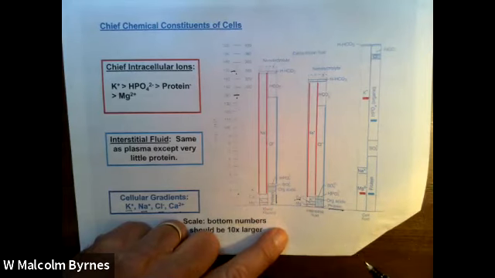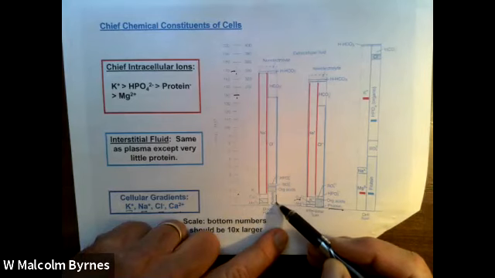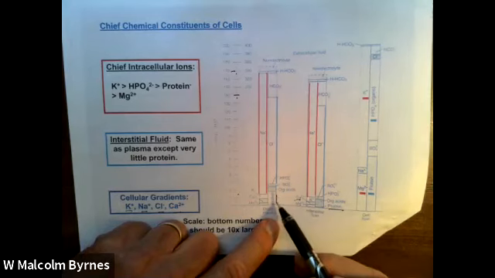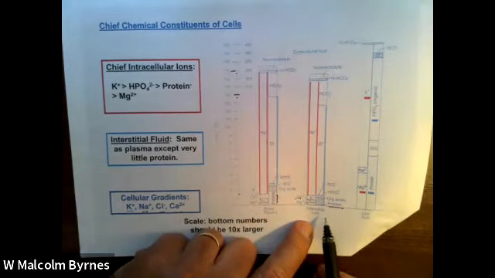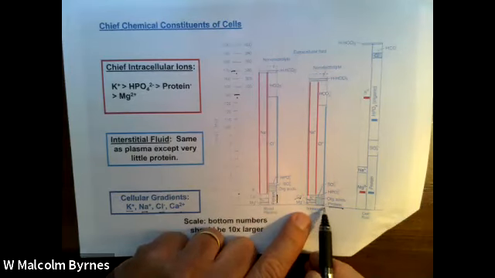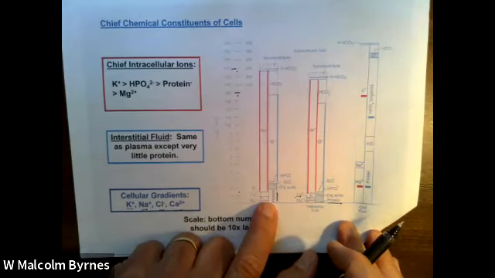But here's a key difference, and that is that in blood plasma, we have soluble proteins that contribute to the osmolarity, whereas in interstitial fluid, we don't. The proteins tend to be tied up in structures. They're not free in solution, so they're not osmotically active. So this is pretty flat. There's almost nothing here. Whereas there's quite a bit of protein in blood plasma that's soluble.